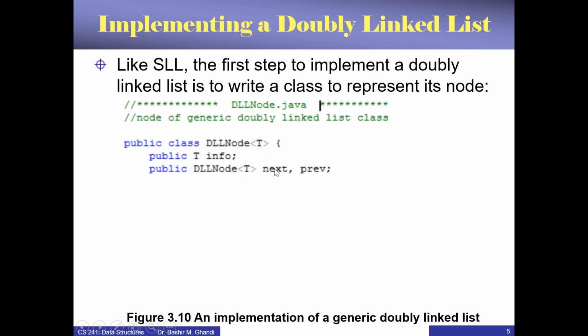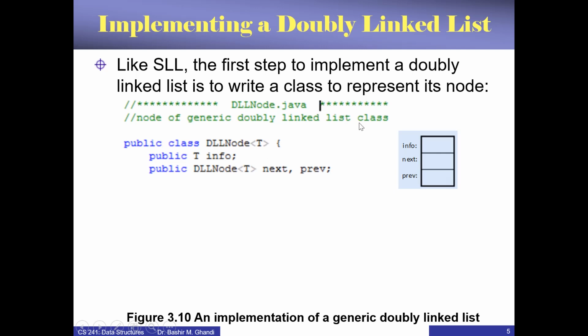As we saw in the figure in the last slide, this is how a DLL node looks. It has three fields: info, next, and prev. So if you create an object of this class, three variables will be allocated in memory to store the information for a node.